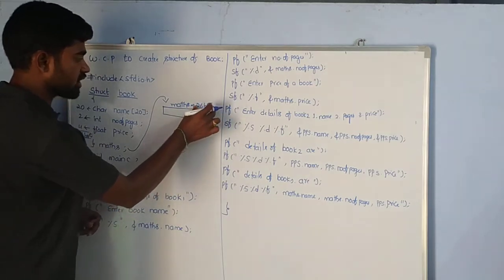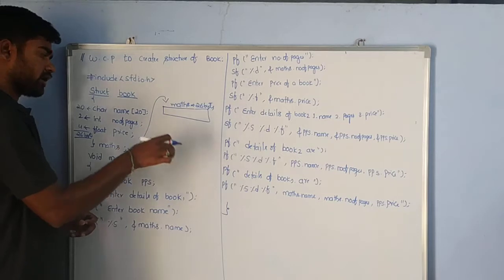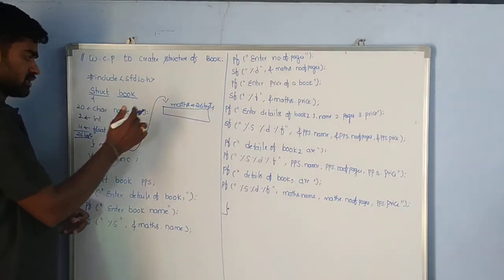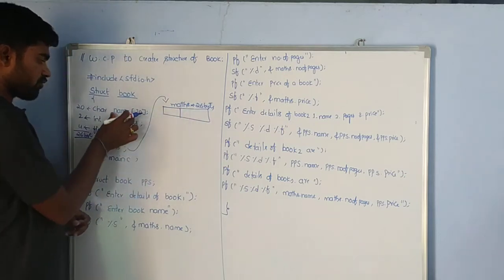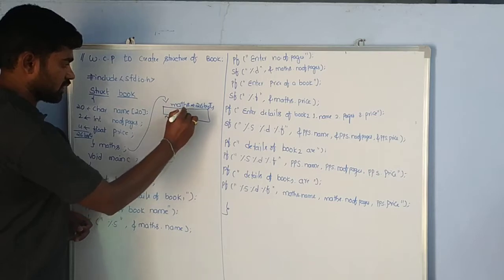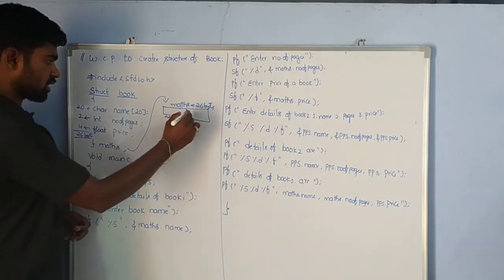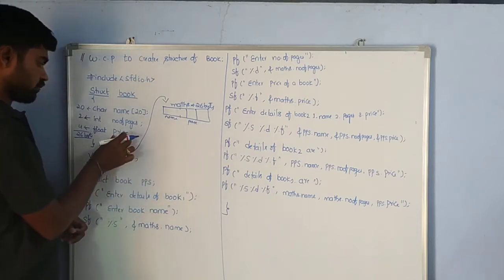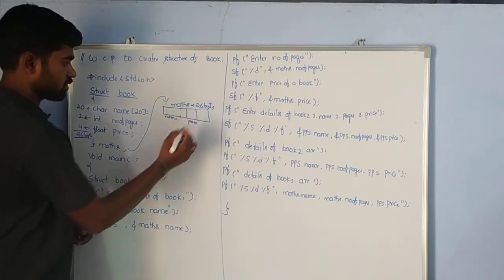Now these 26 bytes are allocated as per what we declared in the structure. 20 bytes are allocated for the name, 2 bytes for the number of pages, and 4 bytes are allocated for the price.